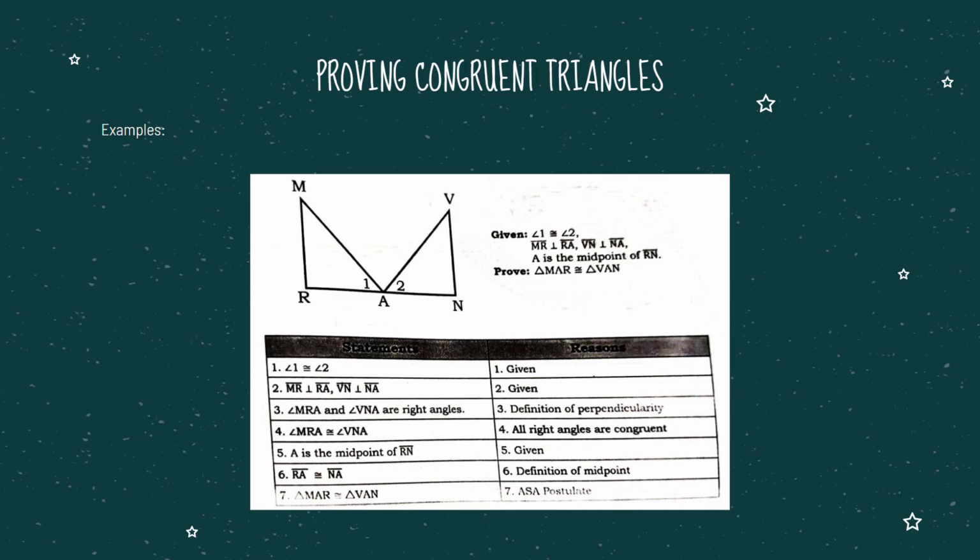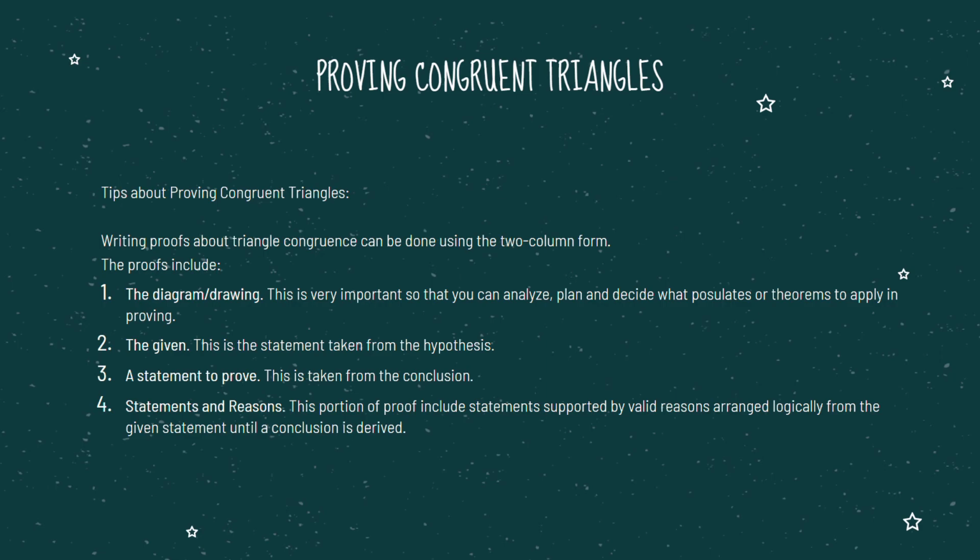Next, line segment RA is congruent to line segment NA, for the reason that it is the definition of midpoint. Triangle MAR is congruent to triangle VAN for the reason that it is the ASA postulate.